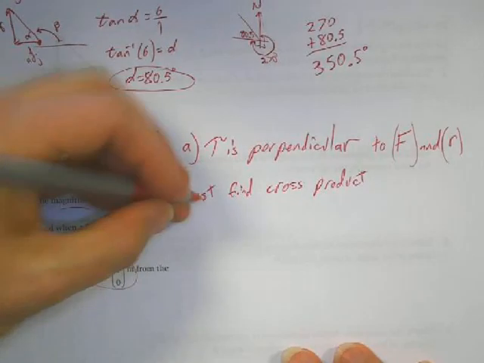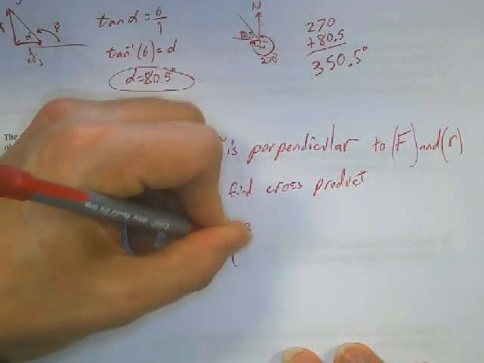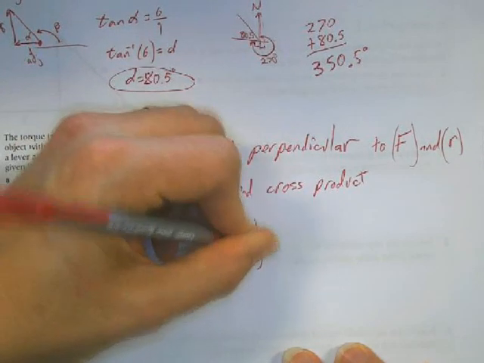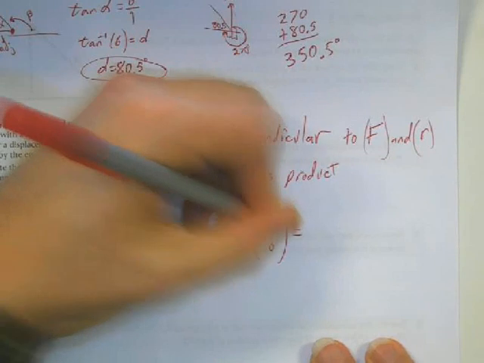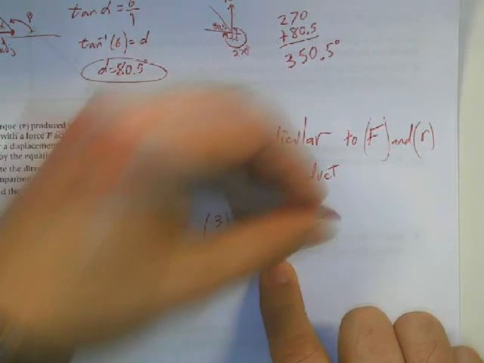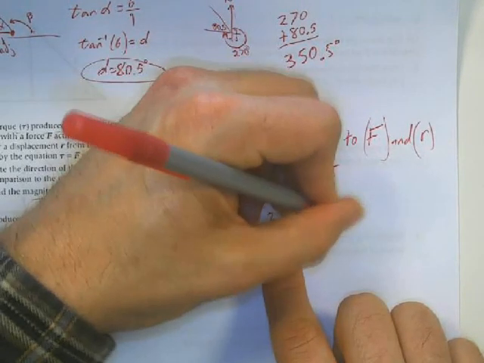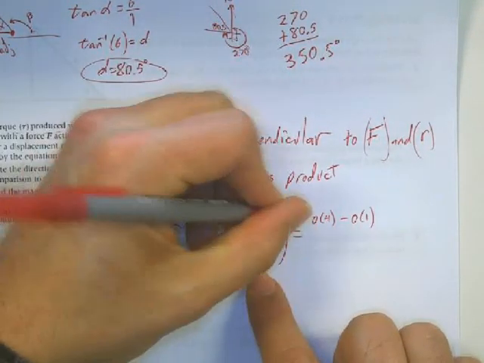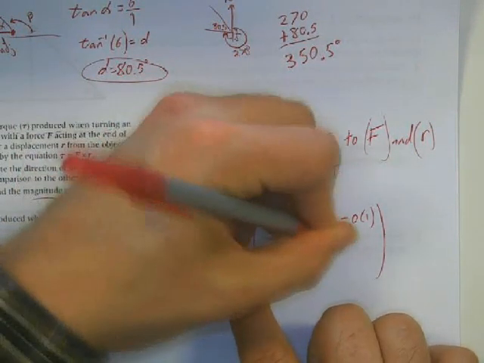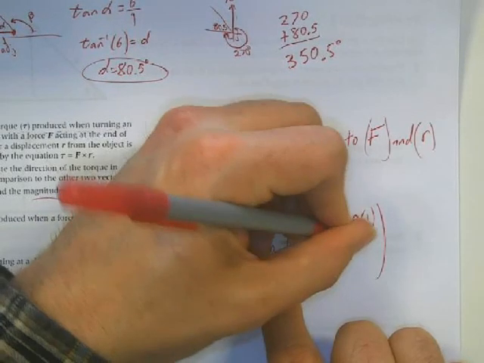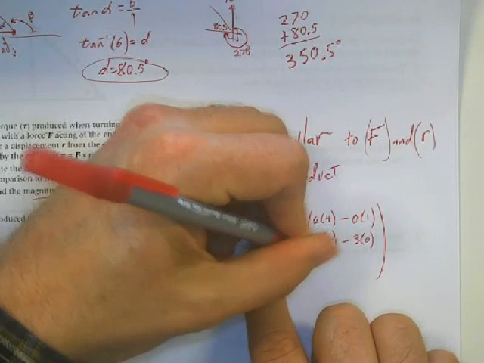So the cross product of 3, 4, 0 and 2, 1, 0 is going to be equal to, the top row is 4 times 0 minus 0 times 1. Then the middle row is going to be 0 times 2 minus 3 times 0. And then the bottom one is going to be 3 times 1 minus 4 times 2.